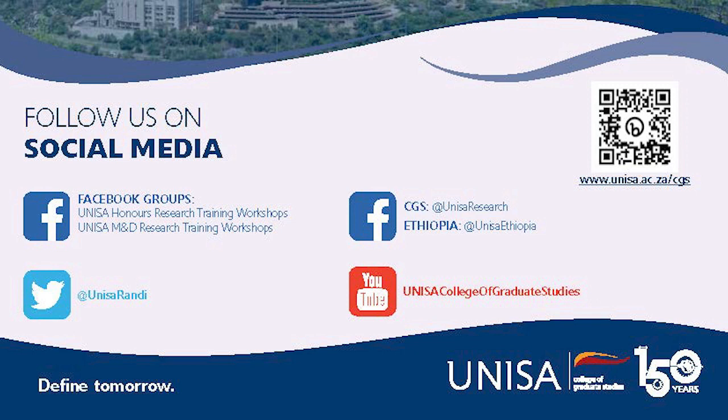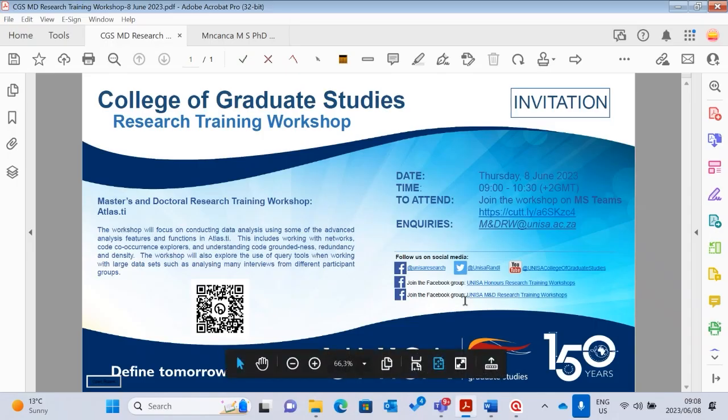So I just want to project something here. Let me project the advert that you received. It says the workshop will focus on conducting data analysis using some of the advanced analysis features and functions in Atlas.ti. This includes working with networks.